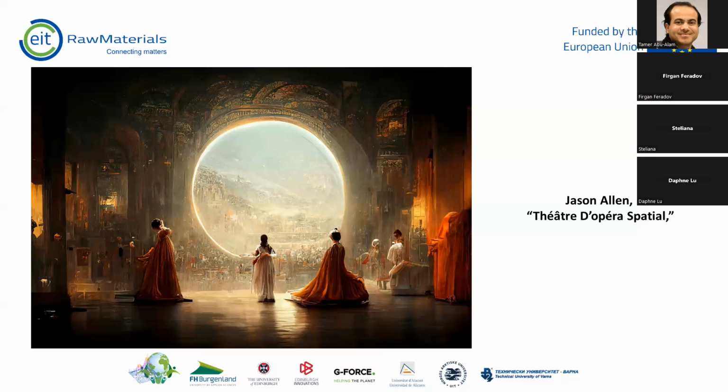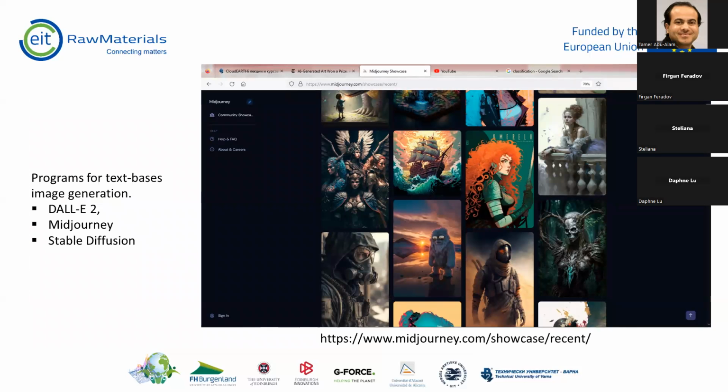And this was the winner of the contest, which turned out to be a digital image created using a text-to-image program that generates images based on text. DALL-E 2, Midjourney, and Stable Diffusion are just examples of such software.